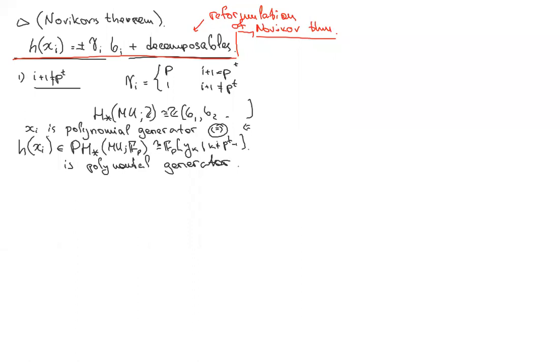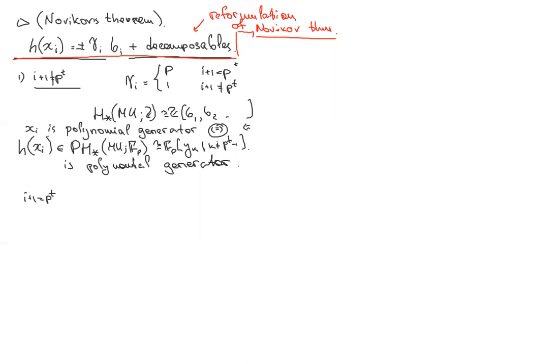Yeah, and we have just left the case when i plus 1 is p to the power t. But in this case, there are no polynomial generators in the primitive subalgebra.